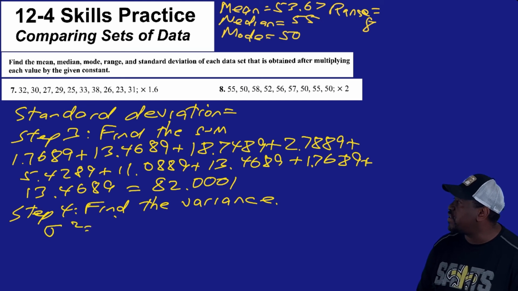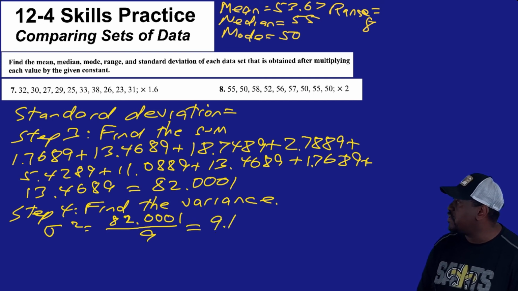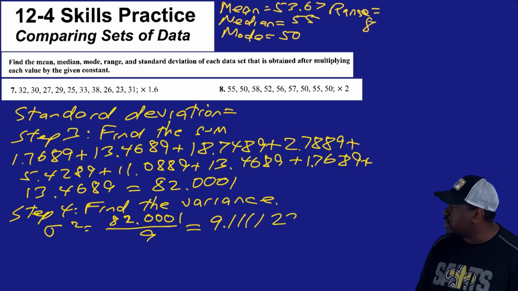So now we're going to find the variance by taking, I said the variation, it's actually a variance. I put in the last problem variation and variance. I wrote that wrong. So we're going to take the sum and divide by the number of terms, and the variance is equal to 9.11. And you know, we're going to write it out so we can write as many digits as possible.